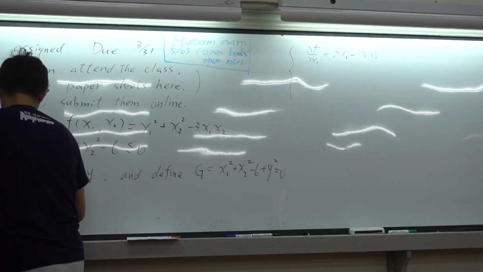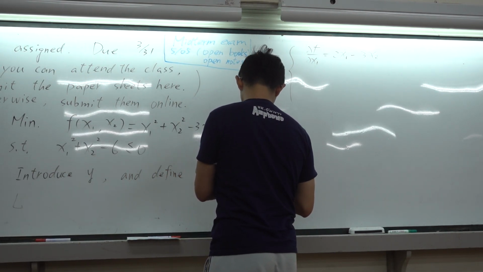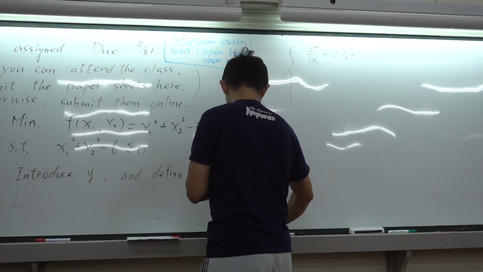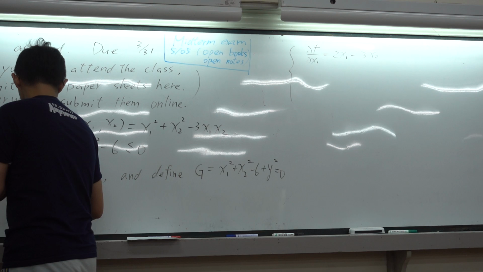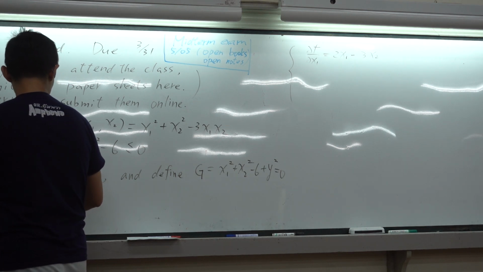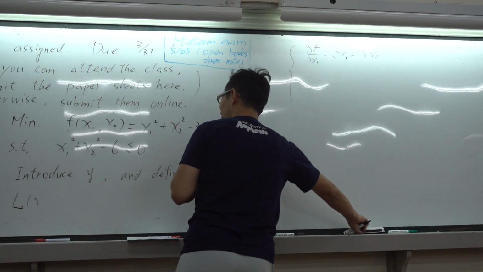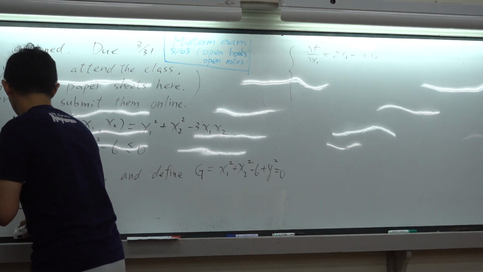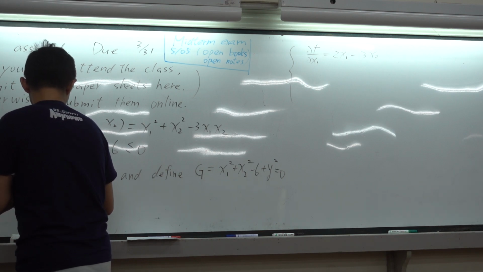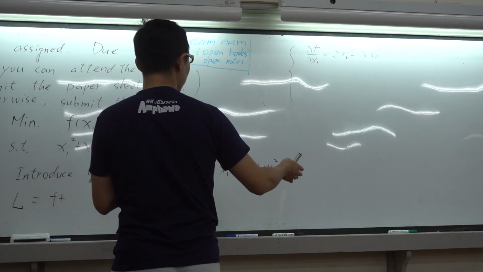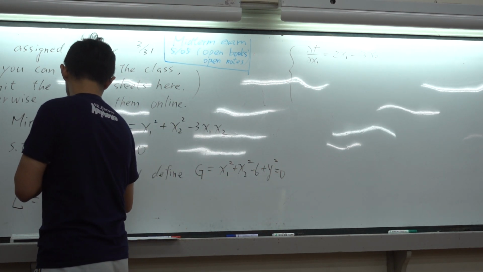Okay, so now L. I'll just write L. So L is f plus lambda times capital G. Right now there's only one constraint, so only one lambda.